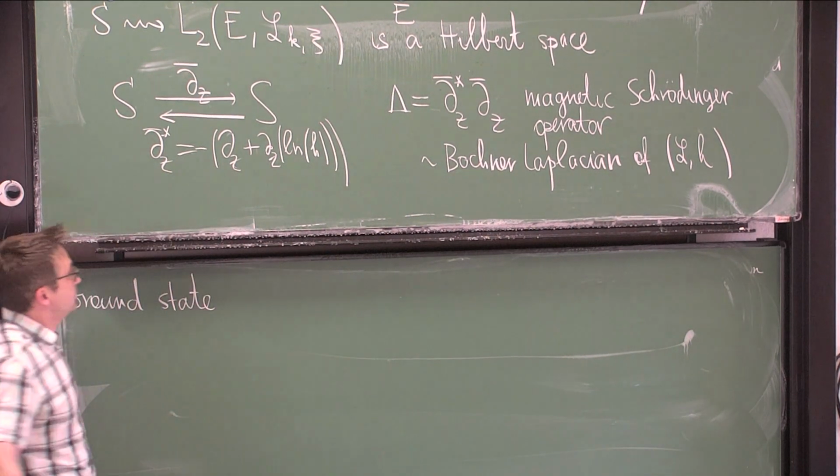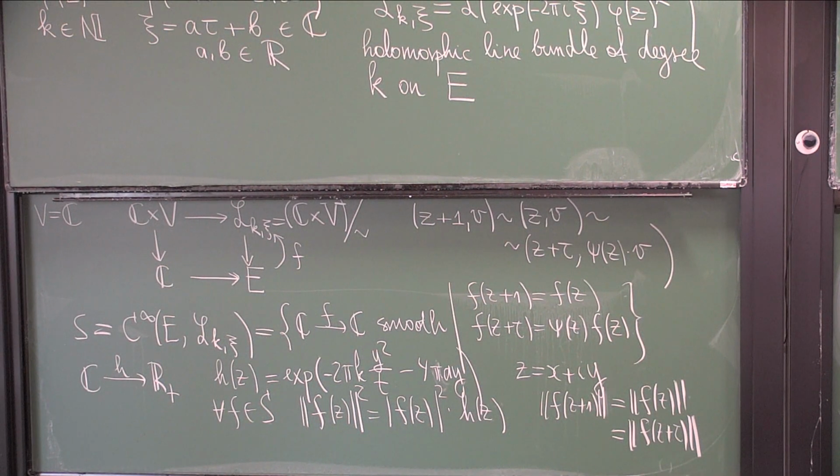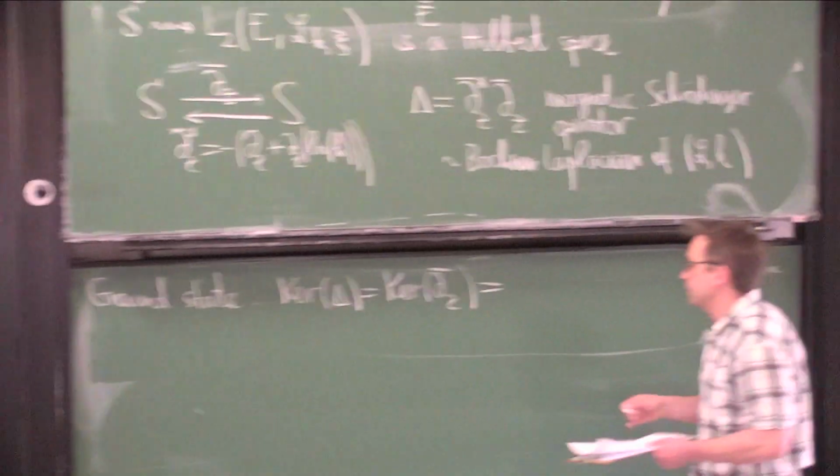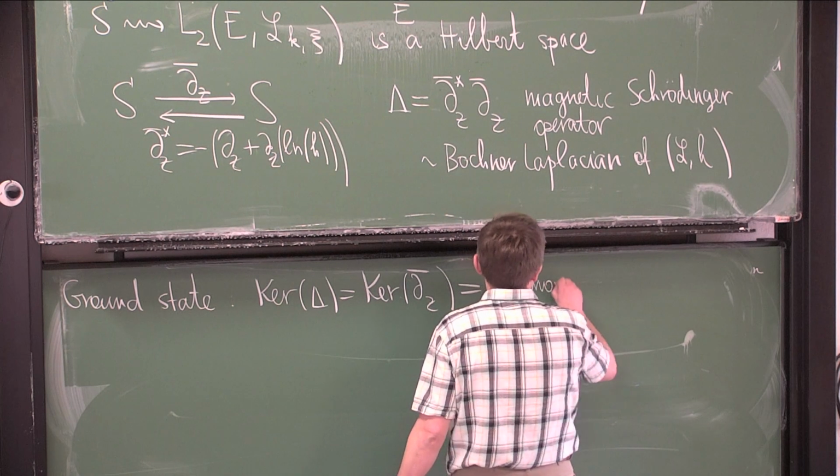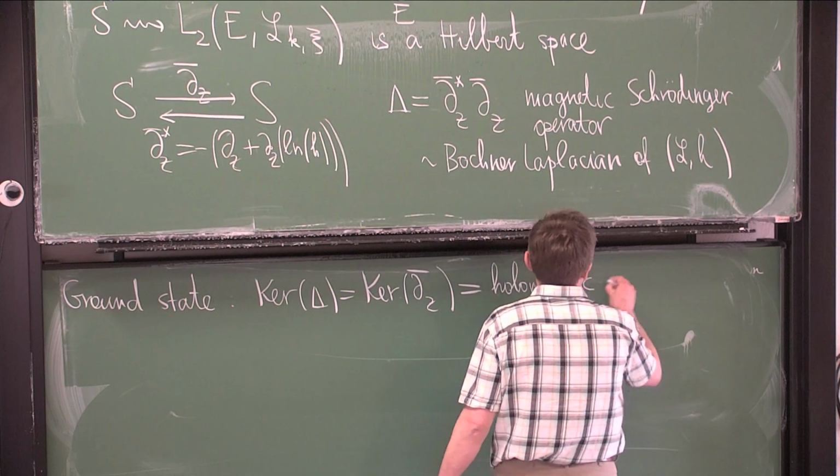So the ground state is obviously the kernel of d bar. So it is the space of holomorphic sections of my line bundle.